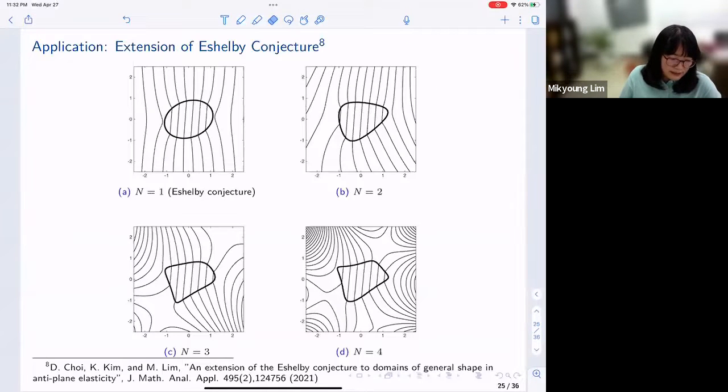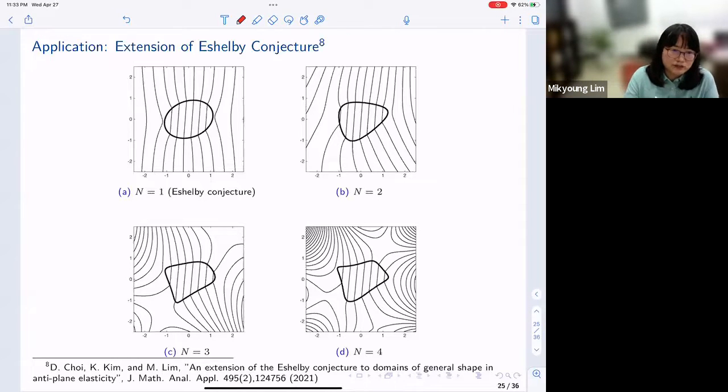And another application is the extension of the Eshelby conjecture. Since we know the single layer potential of the basis functions in terms of Grunsky coefficients and also the expansion for the Neumann-Poincaré operator, we can understand the relation between the shape and the solution u in a more explicit way.